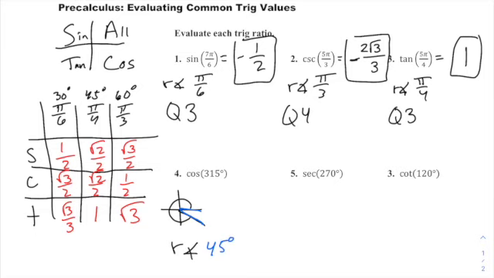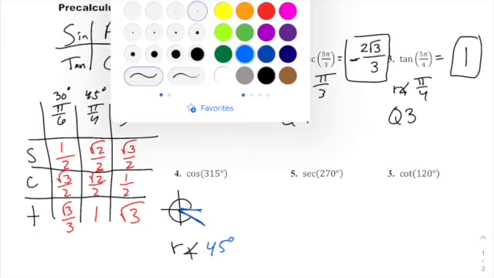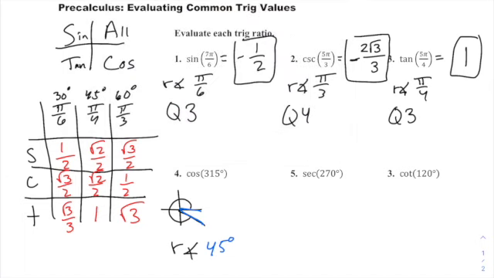That's 45 degrees. So I can treat this the same way as I've been doing. The reference angle is 45, and the cosine of 45 is root 2 over 2. And I'm in quadrant 4 where cosine is positive. So I leave this as positive root 2 over 2.